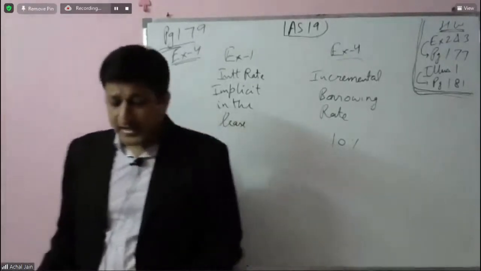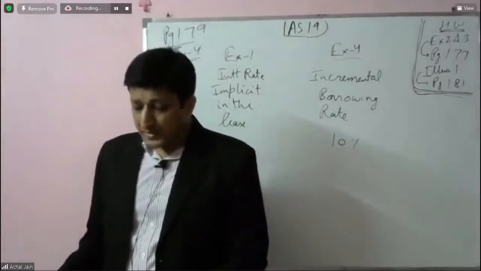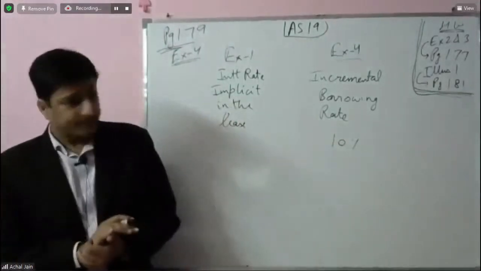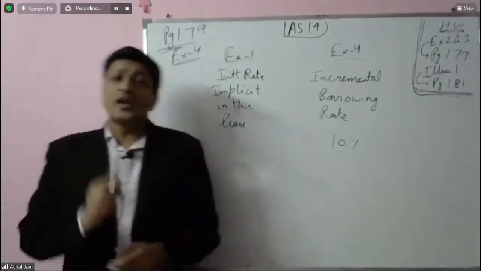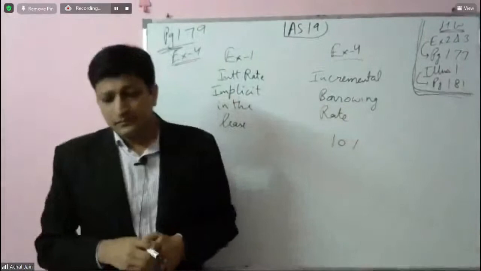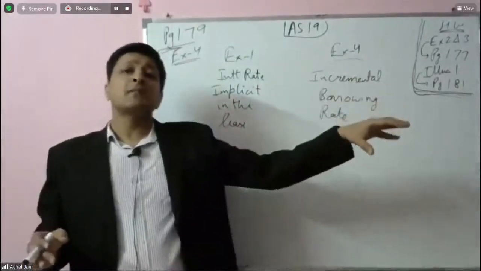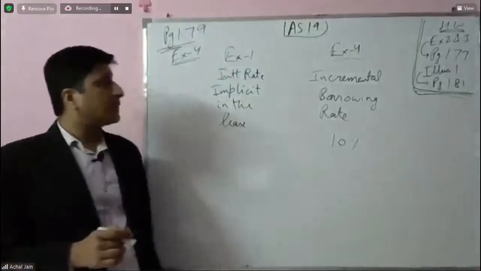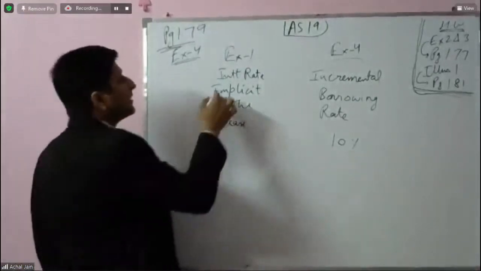Now, what are they saying here? They are simply saying that in case you are required to compute the discount rate, like we did in example number 1. But what was the name of that discount rate?